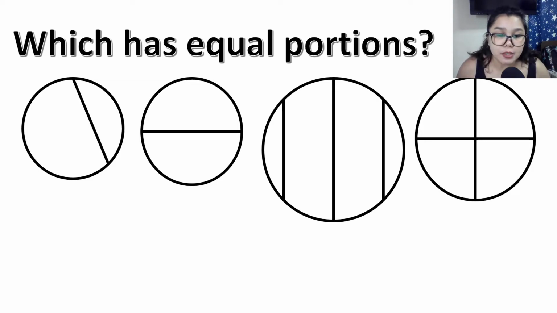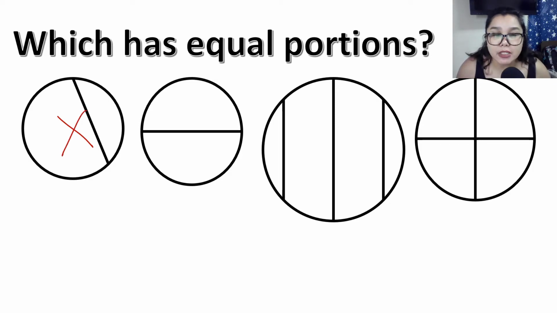Ito, these are into two parts but are they of equal portions? Pantay ba? When we say equal portions, you can't identify which one is bigger kasi pantay na pantay siya. So for this instance, it's not of equal portions kasi one is smaller.